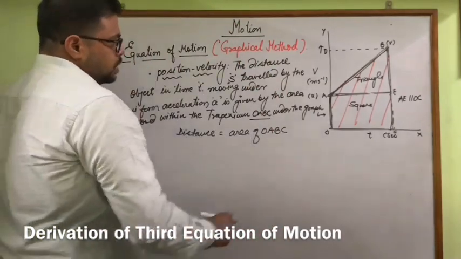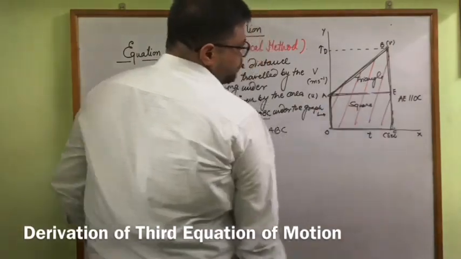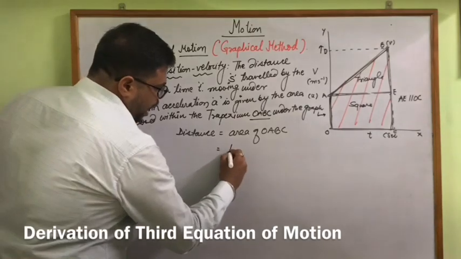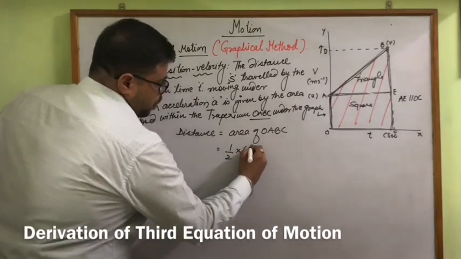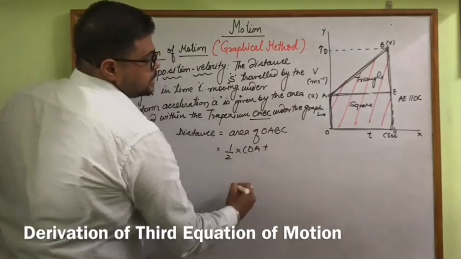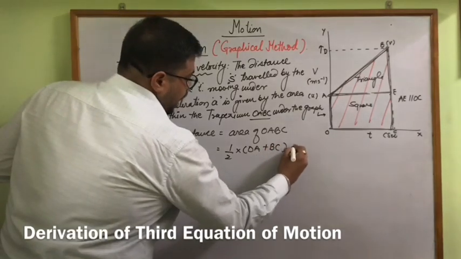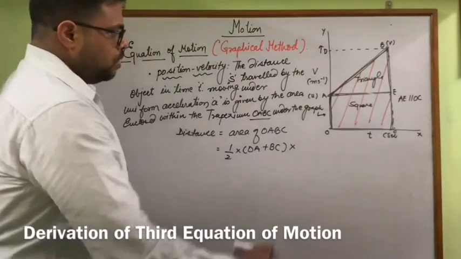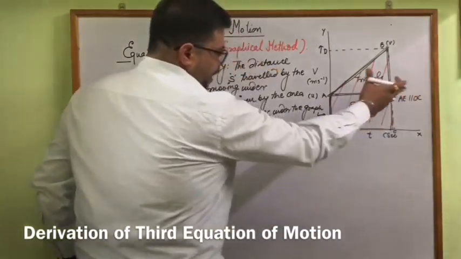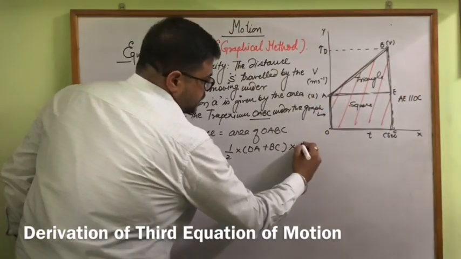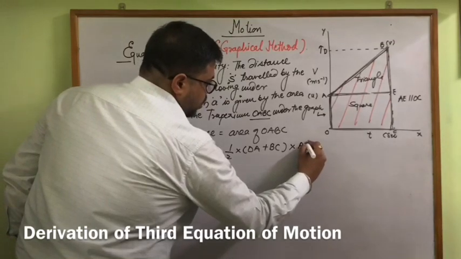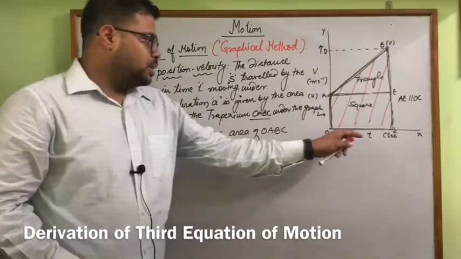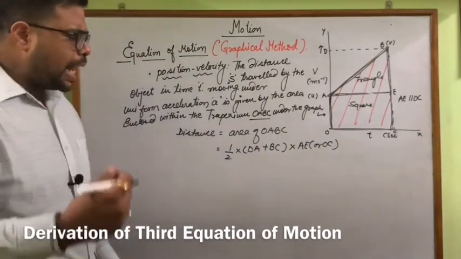Here the parallel sides are OA and BC. So we can say half into OA plus BC, and the height you can take as AE, the perpendicular distance of this trapezium. AE or OC, both are parallel to each other and give us here the time.